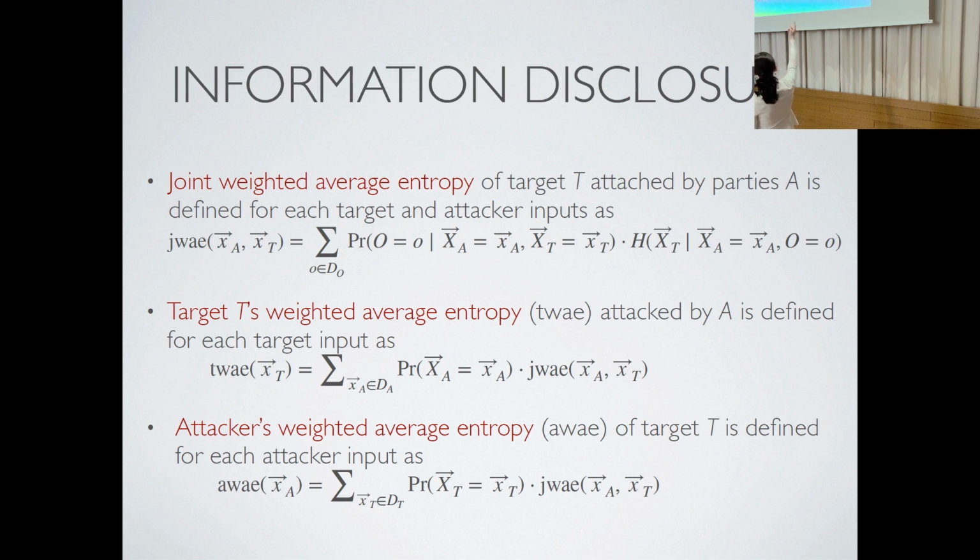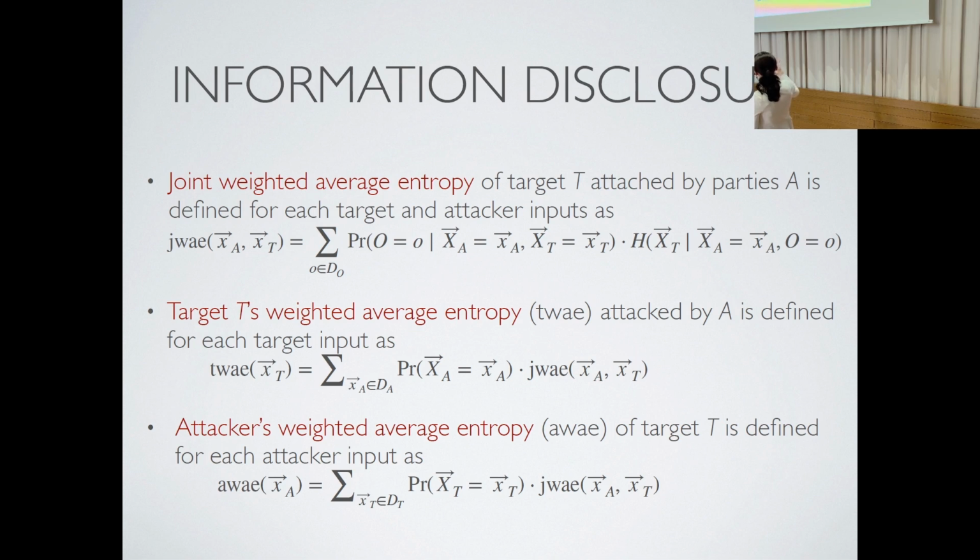In this case, what we want is to learn something about the target. The adversary already entered some input and we got some output. The question is, how much can we learn about the target? The joint weighted average entropy is formulated when you have fixed input for the attacker and the target.